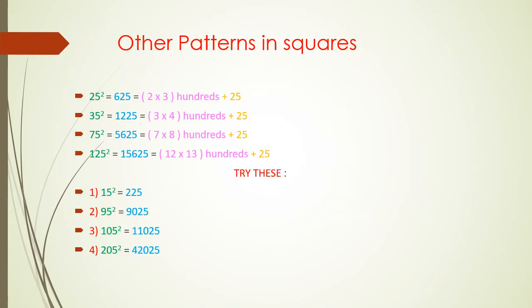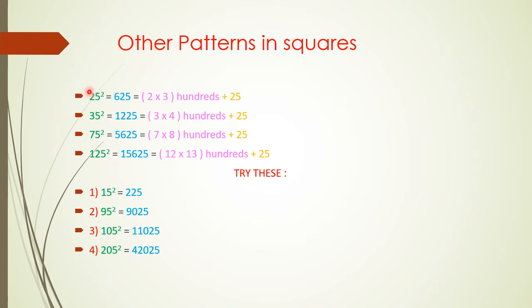Other patterns in squares. This is the learning objective. Okay, and here we have 25 square is equal to 625, 35 square is equal to 1225, 75 square is 5625, 125 square is 15625. And see in this pattern every number is ending with a 5 in the units place, right?